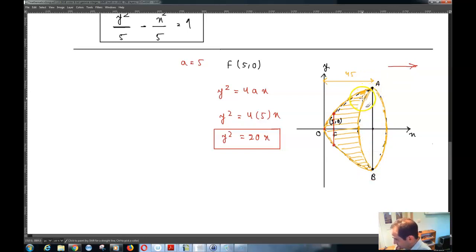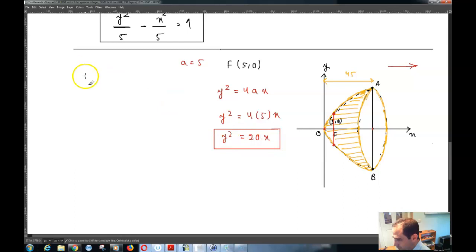Now, I do need to find, at this point, my x is equal to 45.